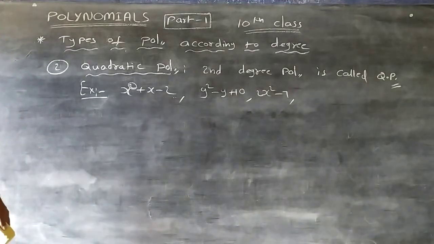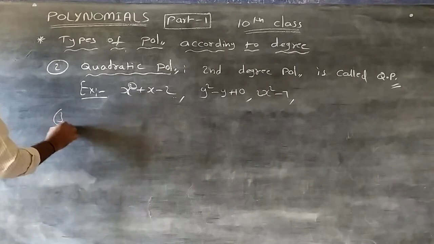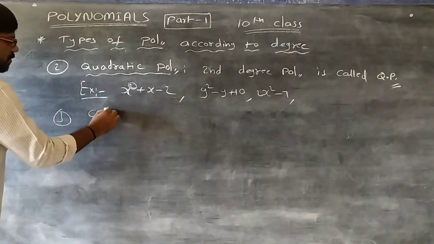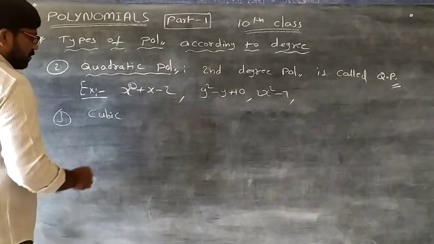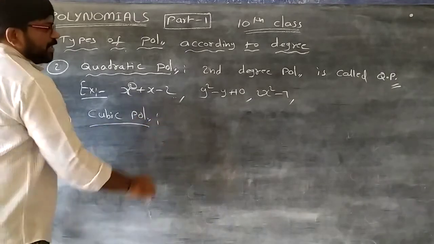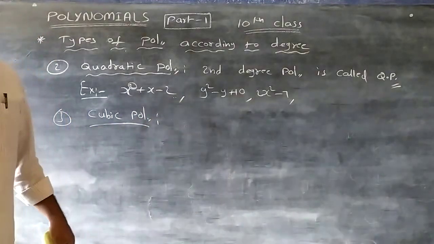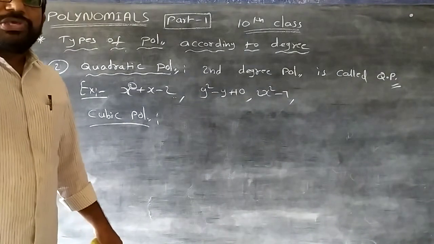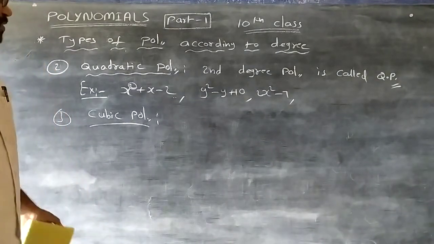Next, cubic polynomial, the third type. It's a definition. Third degree polynomials are called cubic polynomials, right?